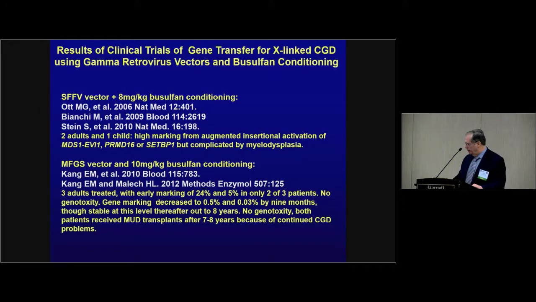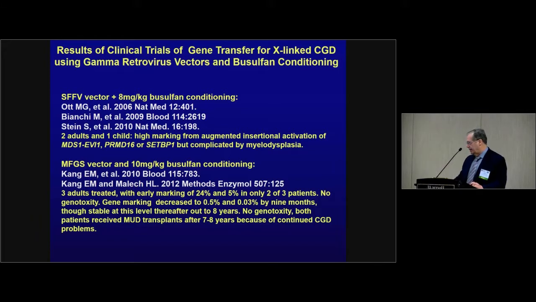So now we move forward to the mid-2000s and a study using a SFFE vector by Ott et al. and others. They were able to demonstrate with submyeloablative busulfan conditioning that they could get gene-corrected cells in.